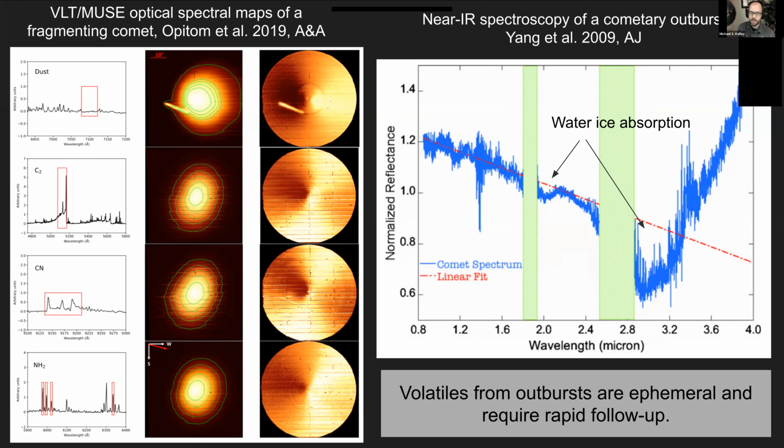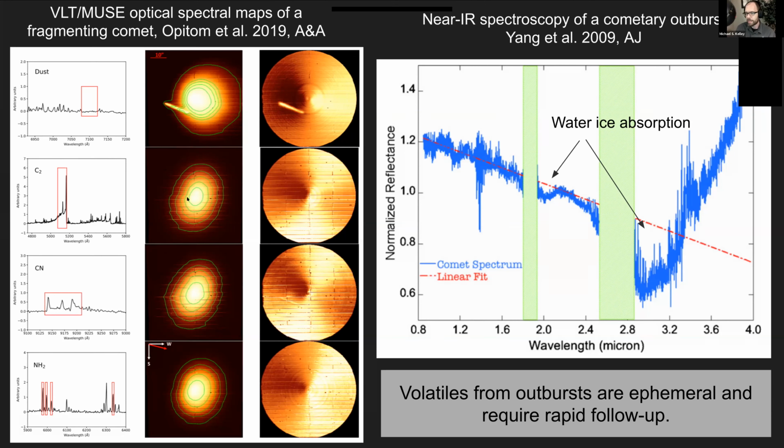So catching outbursts early, or at least doing follow-up studies as soon as possible, gives a better opportunity to observe those species. And this on the right is VLT-MUSE integral field unit spectroscopy of a comet that had been fragmenting, and you're able to disentangle dust, C2, CN, different species, and map them in the coma and understand exactly where they come from.